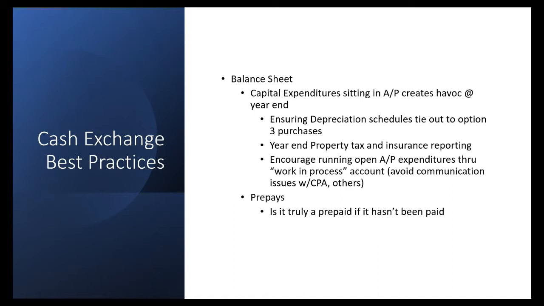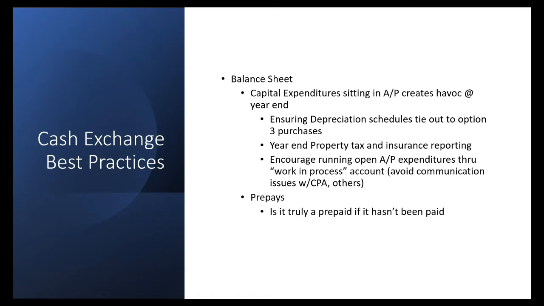Another challenge we have with cash exchange is with loan payments. A lot of loan payments come due on, say, January 1st. I see people setting up loan payments on January 1st, but when they run various reports, those balances don't tie out to what the loan account shows with Farm Credit. So again, I try to make sure that at year end we limit the number of balance sheet ledgers that run through accounts receivable and payables.